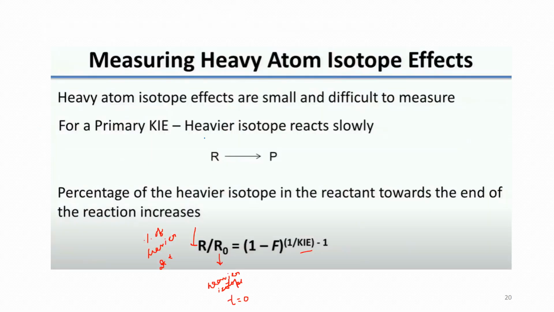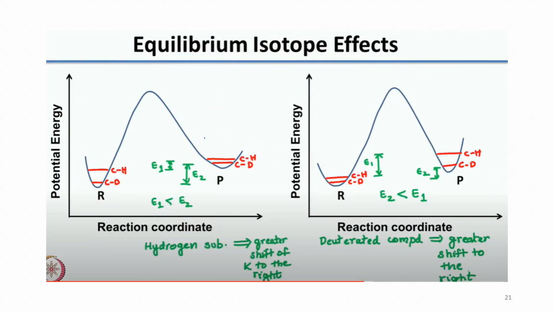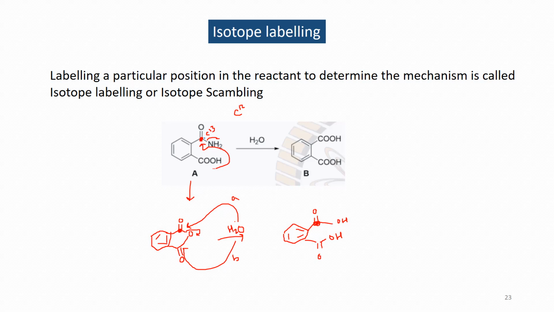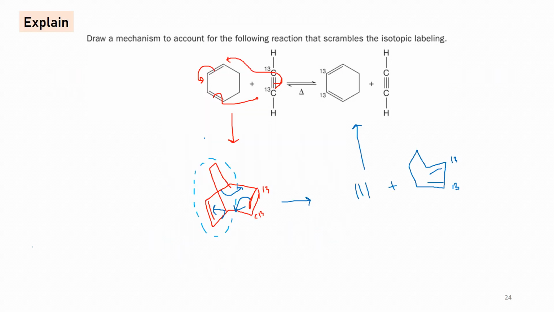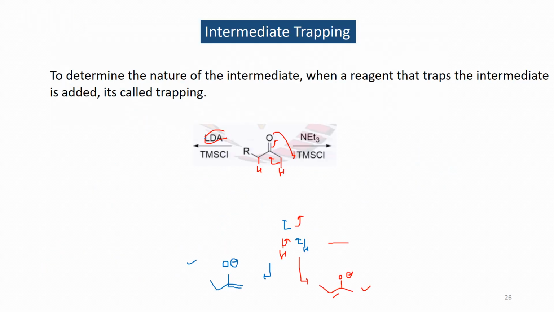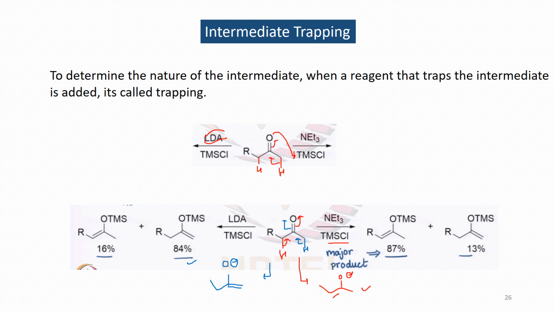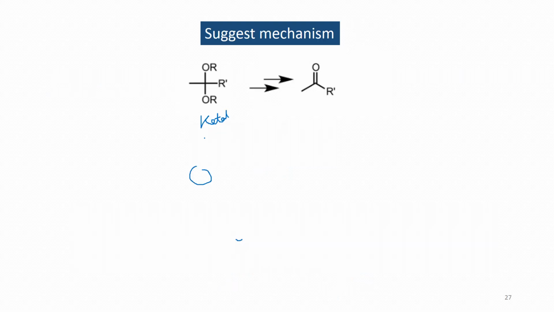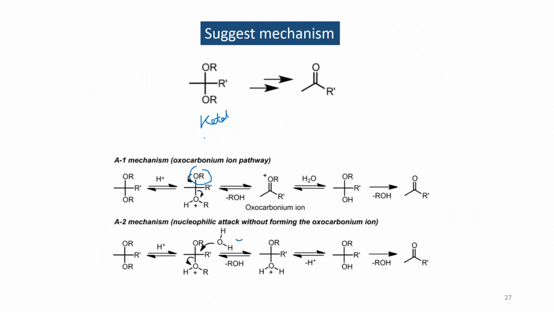Then we solved some other problems. Then we discussed equilibrium isotope effect and their use. Then we talked about isotope labeling experiments and solved some questions based on that. Then we discussed intermediate trapping and how it helps us to know about the reaction mechanism, and we solved one question based on what was discussed here.